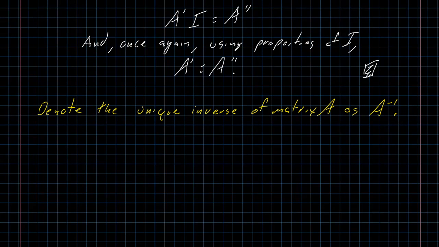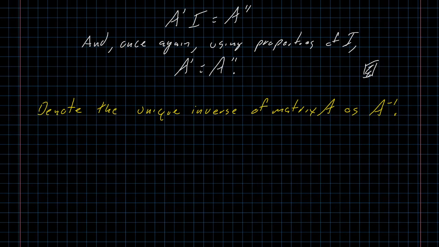All right. Now that I know that the inverse of a matrix is unique, I can give it a unique name. A raised to the negative first power as the inverse of a matrix actually works really nicely with the idea of powers of a matrix in general. Right?